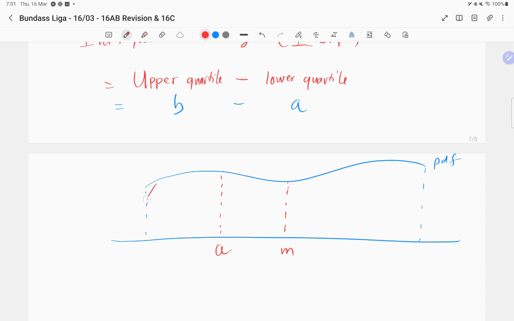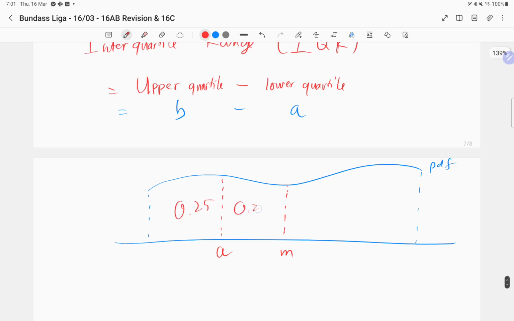What does that mean? It means this area is, Emily, what's this area? From the left all the way to the median is how much? 0.5, yes, which means this is 0.25. And then this will also be 0.25.